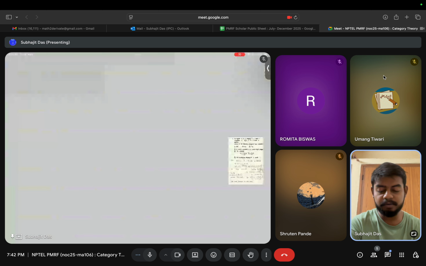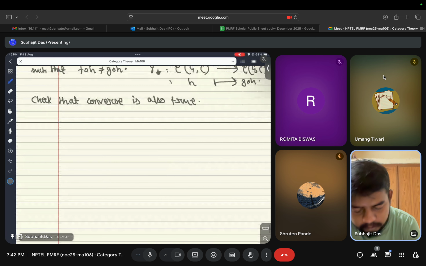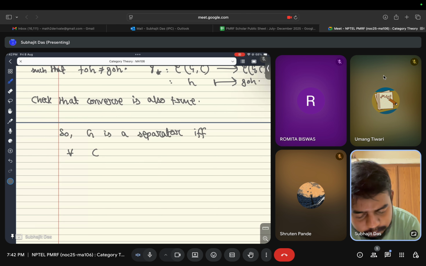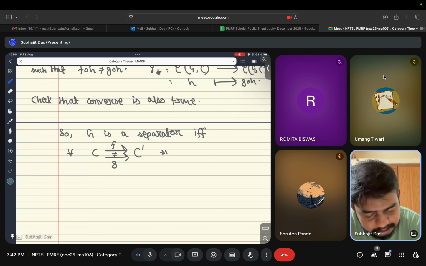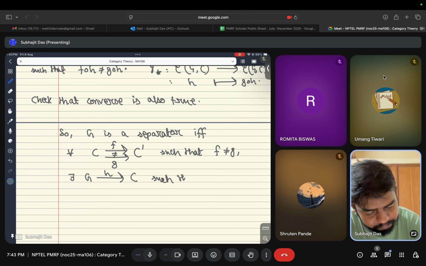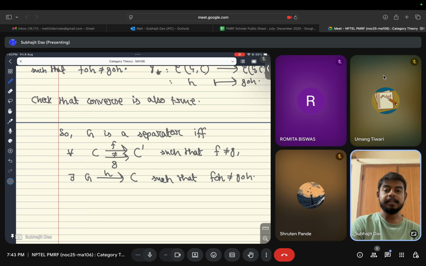So what we have essentially proved is this. G is a separator if and only if for any two arrows F, G from C to C prime, let's write it in words, such that F is not equal to G, there exists an arrow H from G to C such that F composed with H is not equal to G composed with H. That is why G is called a separator.